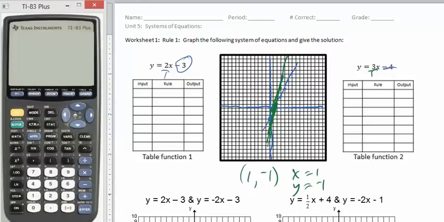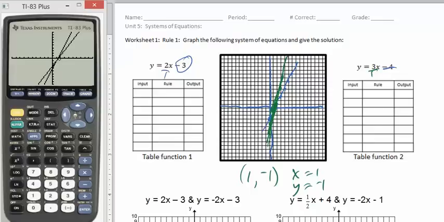Alright, so I know I didn't draw that super cleanly on there, so let's take a look at it on the calculator. We go into y equals, and we can plot both of these. We have 2x minus 3 and 3x minus 4. And if we graph those, we can see that they cross right here.